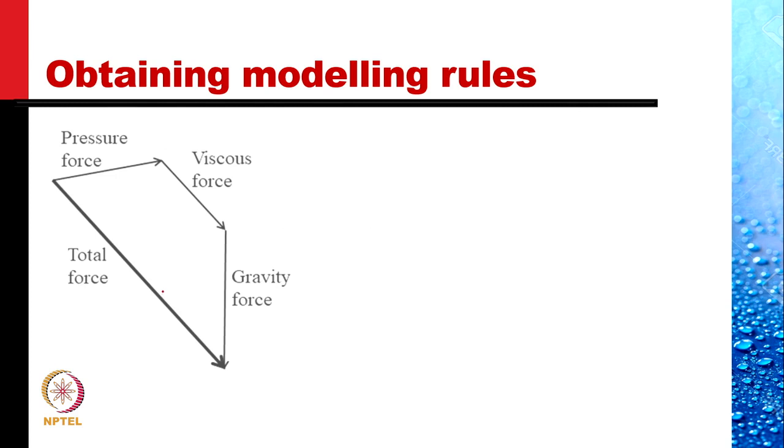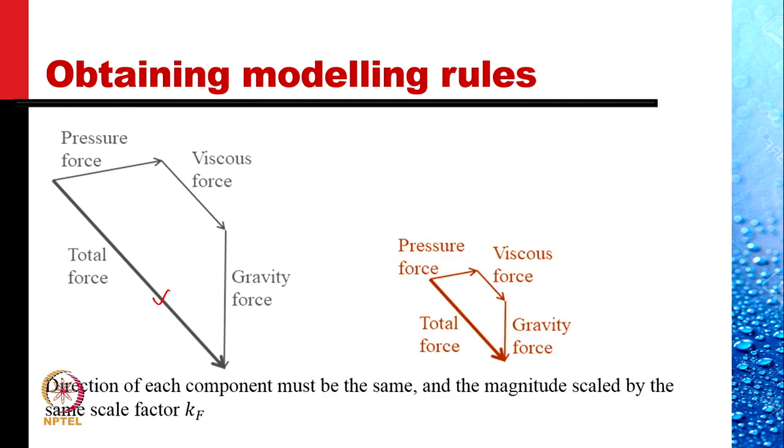So if this was the total force, which was made up as a sum of three component forces added vectorially, the pressure force, viscous force, and the gravity force, if this was the picture in prototype, then the picture in the model should be same.